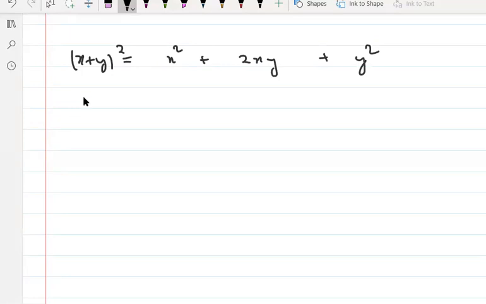What about (x plus y) whole cube? Tell me, what is (x plus y) whole cube? Anyone? Or (x plus y) whole power 4, or (x plus y) whole power 7?